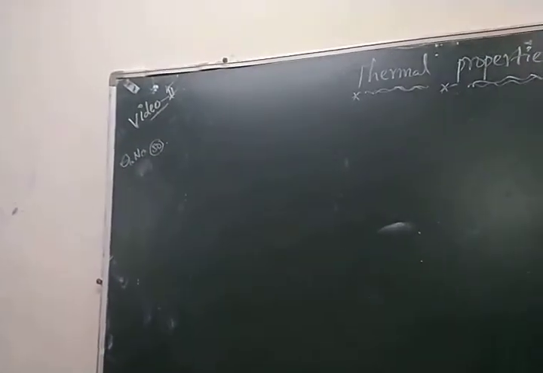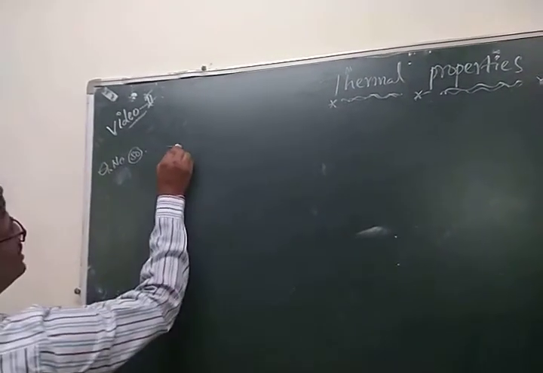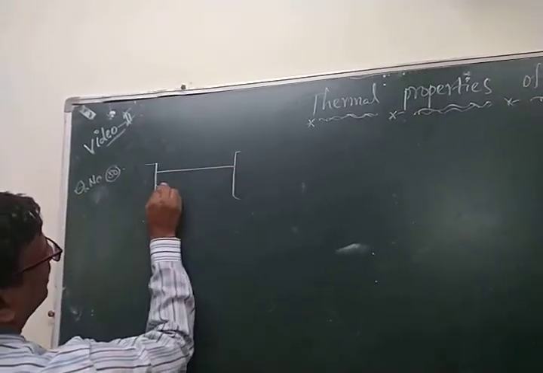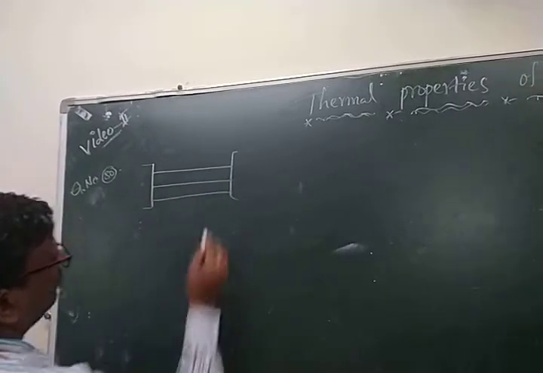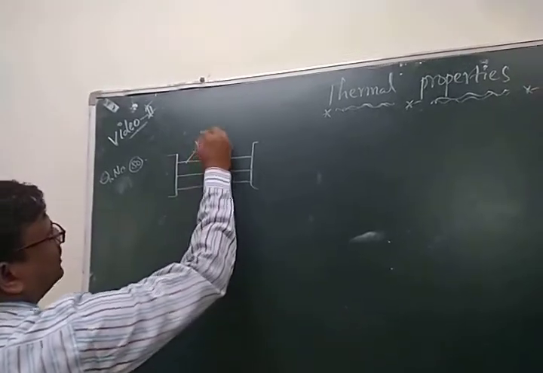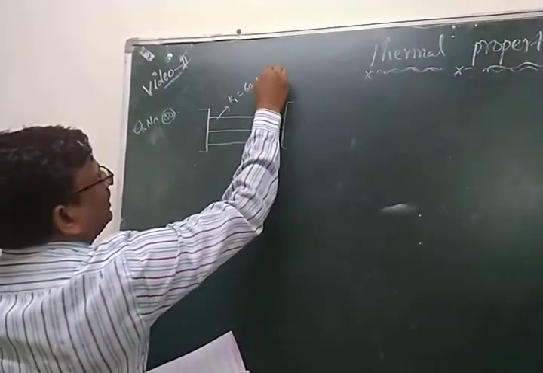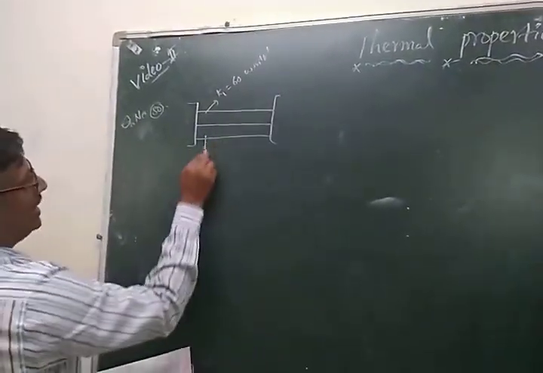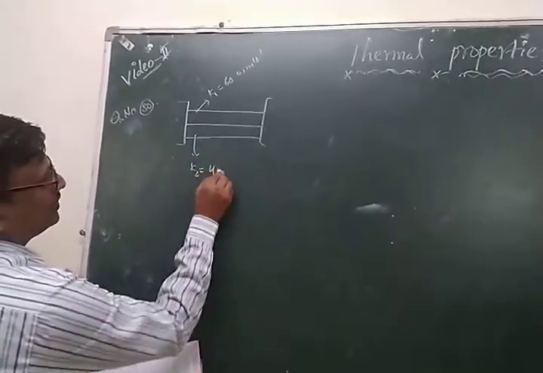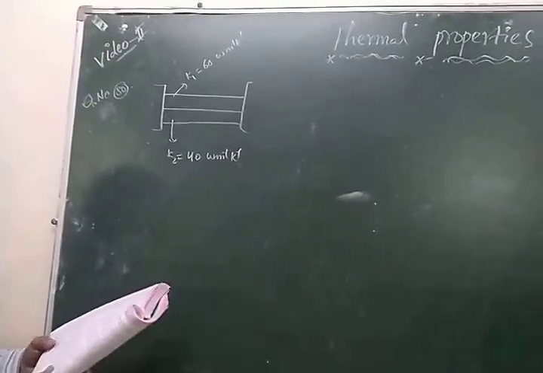Next question number 18. Two rods of the same length having conductivities K1 and K2 are joined at junctions. Now we have two rods, one over the other. The first rod's conductivity K1 is given as 60 watt per meter per Kelvin, and the second rod's conductivity K2 is 40 watt per meter per Kelvin.